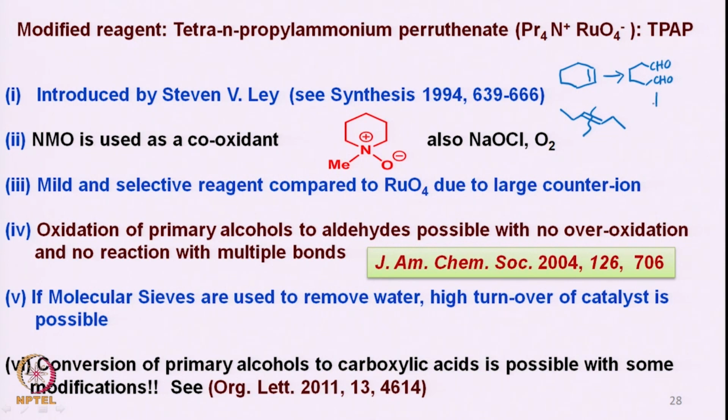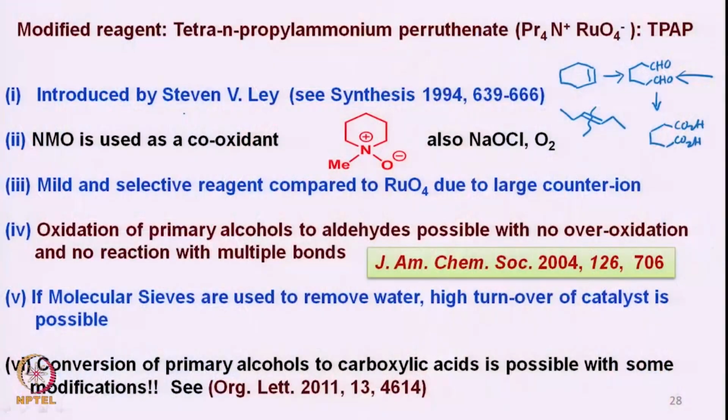So basically we need to develop protocols which allow the reaction to be stopped at the dialdehyde stage, because, as I showed in one example, C-C bond cleavage does not occur with reagents such as ozone or KMnO4, and ruthenium tetroxide becomes a better oxidizing agent to cleave that.